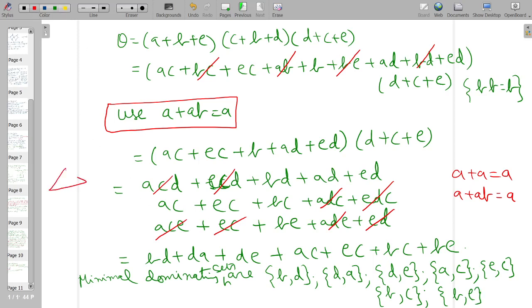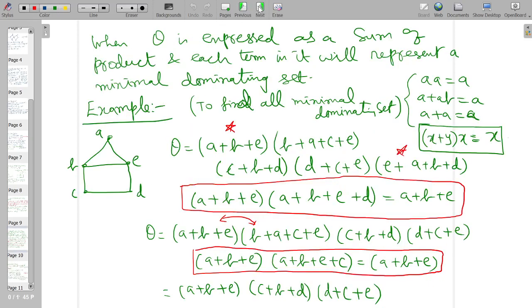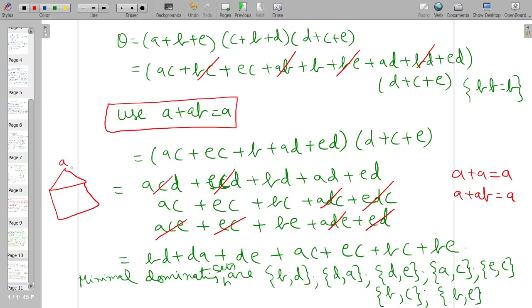Now if you could see this, we had the graph like this, A B C D E. Okay, so now you can check that these are all minimal dominating sets. B and D, yes. D and A is also a minimal dominating set.